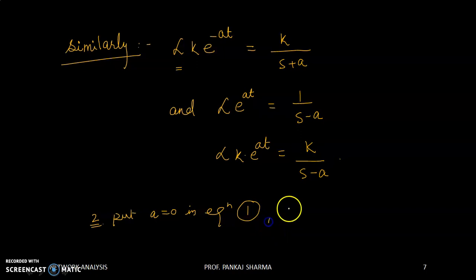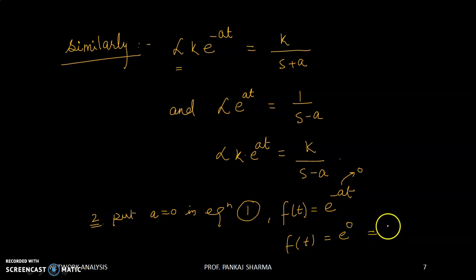What we'll get? We will get equation number 1. We have f of t is equal to e raised to power minus at. Now a is equal to 0, so f of t is equal to e raised to power 0, and anything raised to power 0 is 1. So if f of t is 1, what will happen?